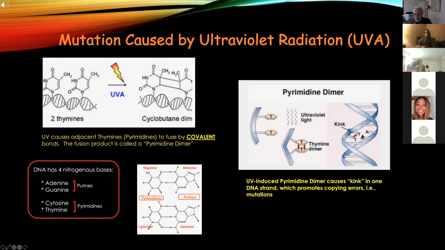So remember, helicase unwinds the DNA so that all the enzymes can get into the space and do their copying. And the thymine dimer causes a kink in the backbone so that when DNA polymerase 3 goes through here, copying the bases, it makes a mistake because it can't deal with this kink. And that mistake is a mutation.